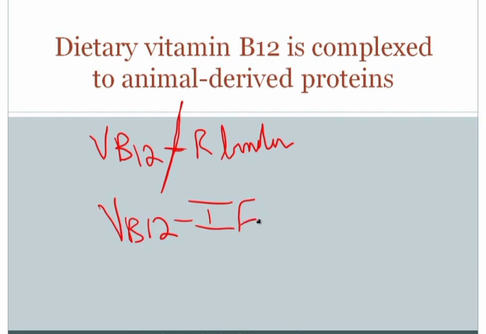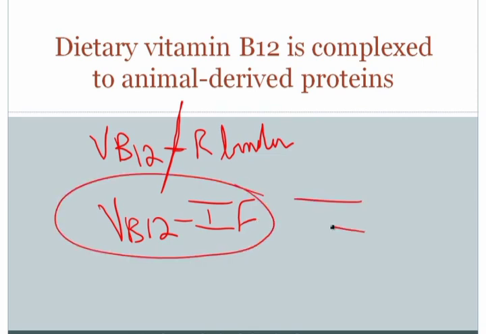And intrinsic factor is a protein that's produced by the parietal cells in the body of the stomach. Once intrinsic factor binds vitamin B12, this complex will then go to the ileum and it will be absorbed in the ileum. This is the basic understanding of how vitamin B12 comes into the body.